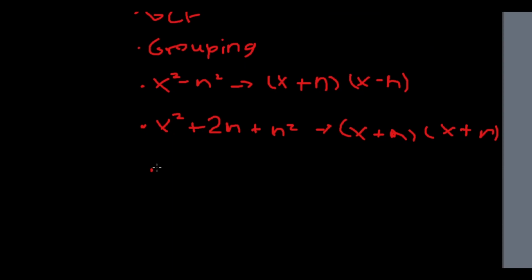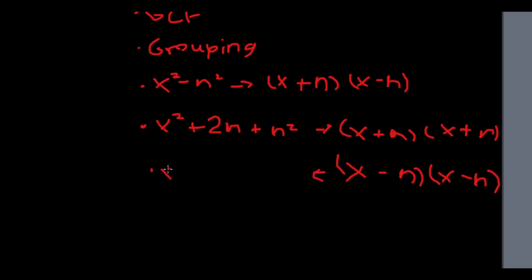Now, what if we had x squared minus 2n? Or actually, let's work in reverse. If I had x minus n times x minus n, what would that give us?